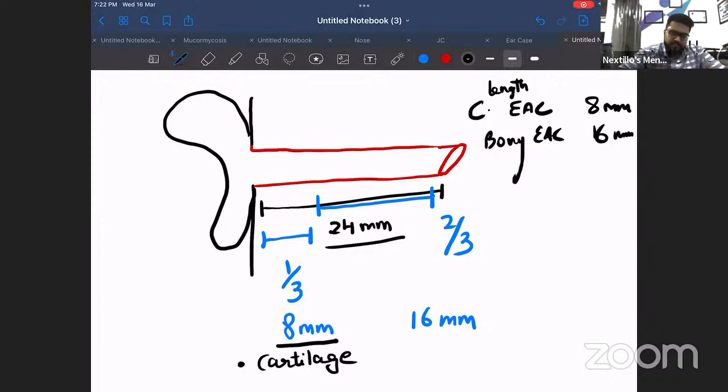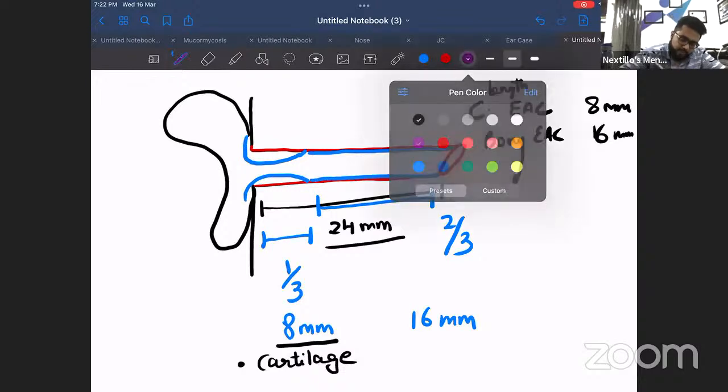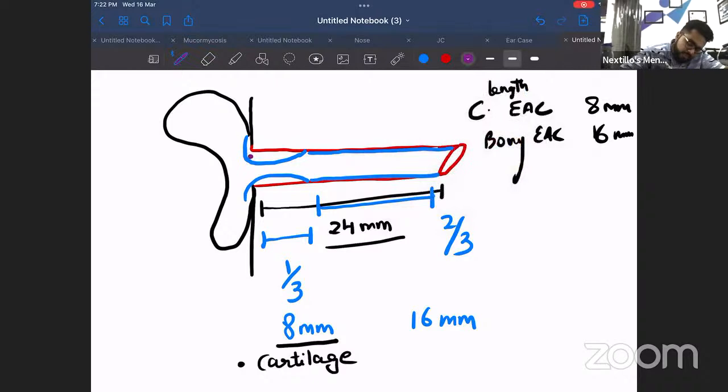Now, this division is very important. Why? Because here the outer part is lined by thick skin and the inner part is lined by a very thin layer of skin. Why does it matter? It matters because the outer part, which is made up of thick skin, has sebaceous glands as well as hair follicles like pilosebaceous glands and other glands which secrete oil, sebum.